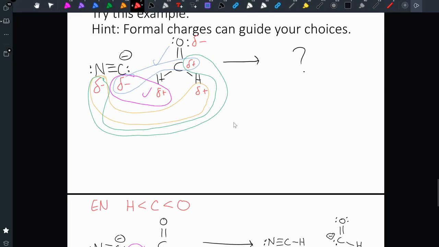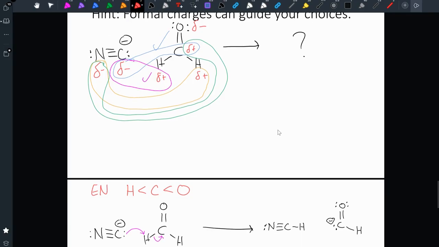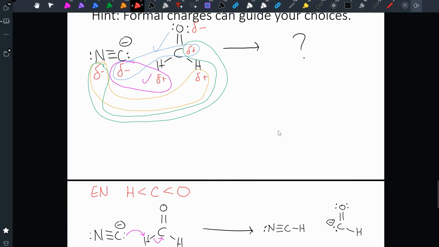I have seen students try to get a little fancier with this. I would tell you to shy away from trying anything fancier than this. I could imagine maybe someone trying to take the oxygen lone pair here, that's partially negative, and maybe use it to attack the carbon.